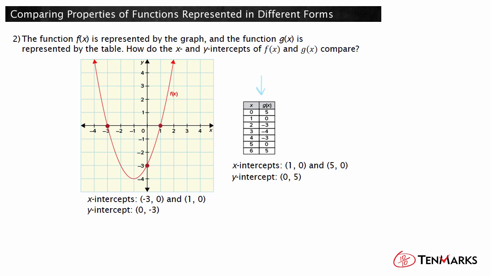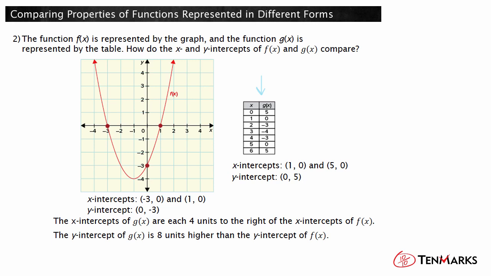Now answer the question: how do the x and y-intercepts of f(x) and g(x) compare? The x-intercepts of g(x) are each 4 units to the right of the x-intercepts of f(x). The y-intercept of g(x) is 8 units higher than the y-intercept of f(x).